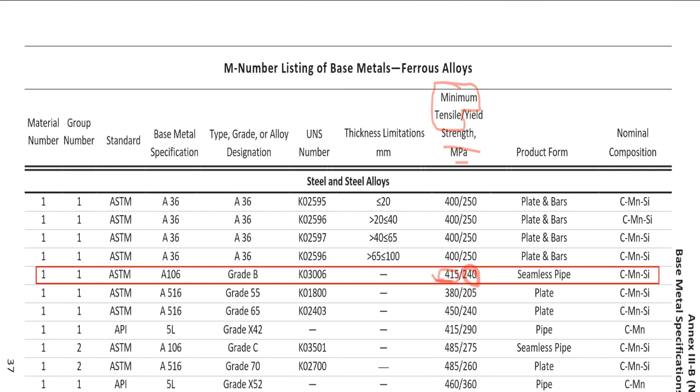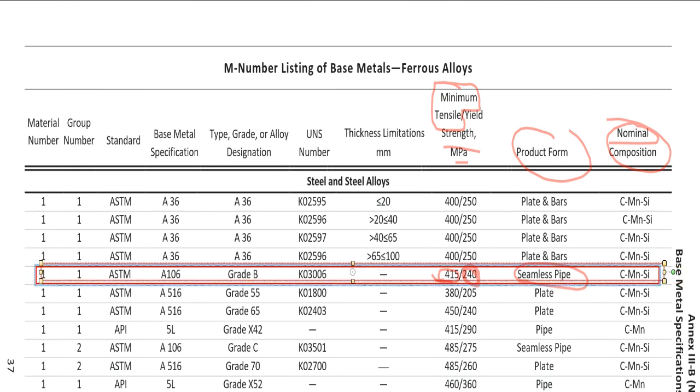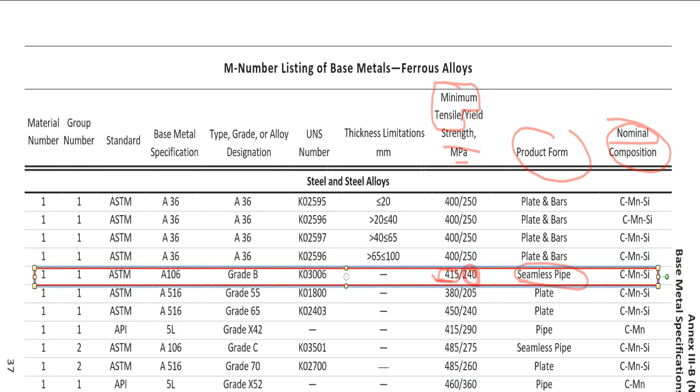The product form is seamless pipe, and the nominal composition, the chemical composition, is carbon, manganese, and silicon.